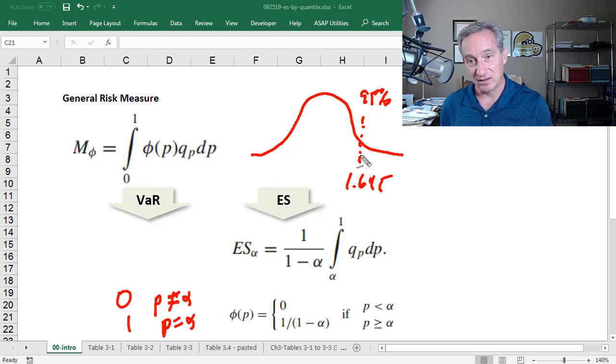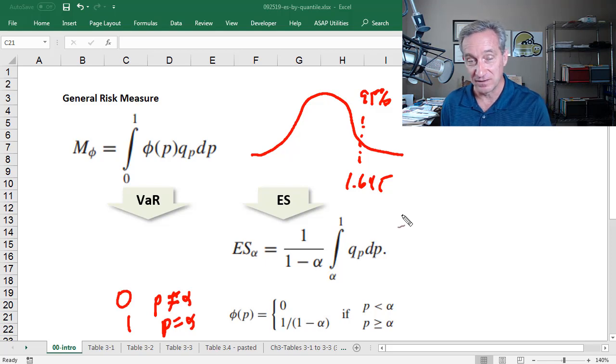So VaR, in this case, we say VaR is a quantile, and we could be more technical if we want to look at it through the lens of the general risk measure, saying it's a general risk measure where none of the quantiles above 95% are getting any weight, and we're getting all of the weight on this one quantile, so we're just really retrieving that quantile.